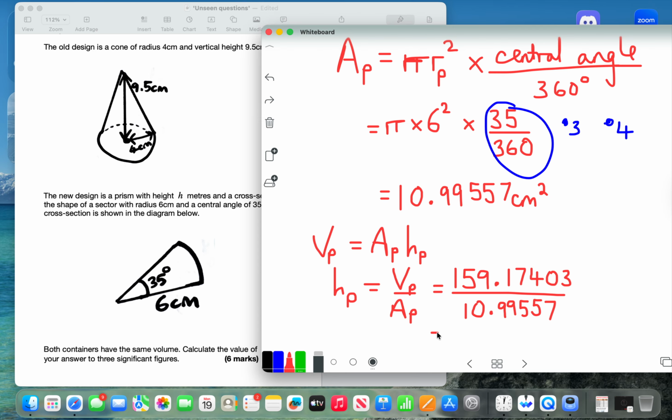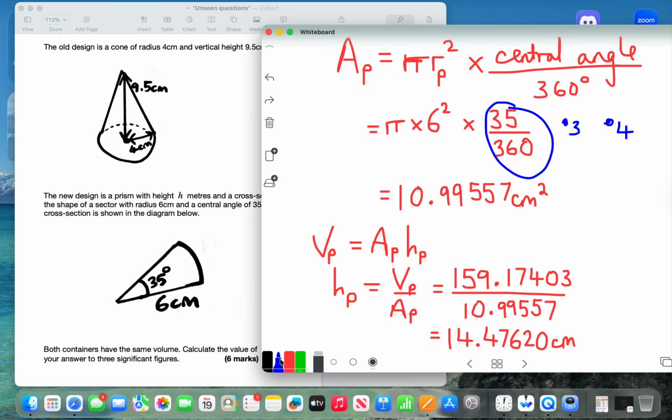And you plug that in, you get 159.17403 divided by 10.99557, and we get 14.47620 centimeters. Watch the units. We've had areas, we've had volumes, we've had lengths, heights, but the height is just linear, so that's just centimeters.